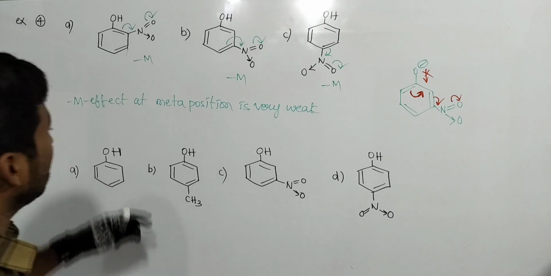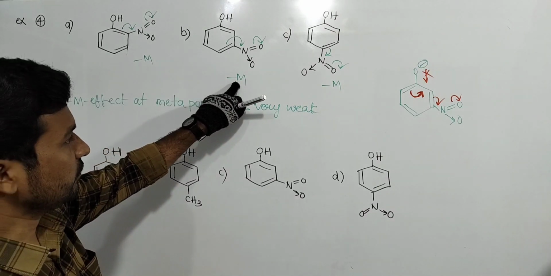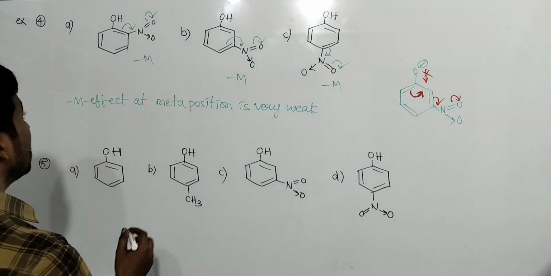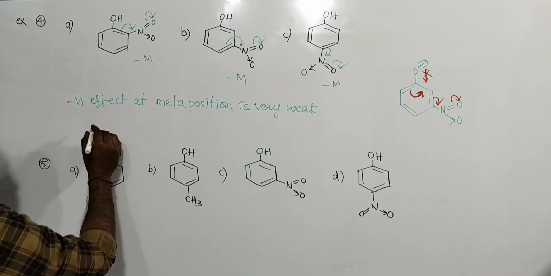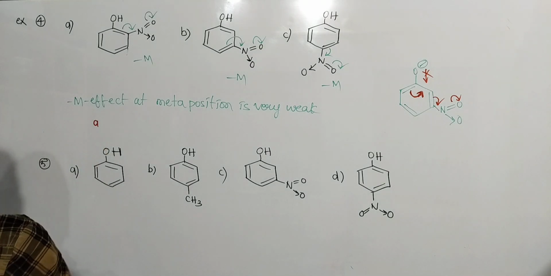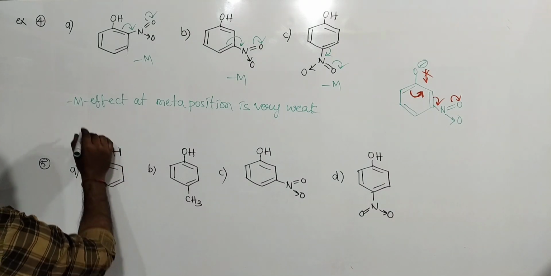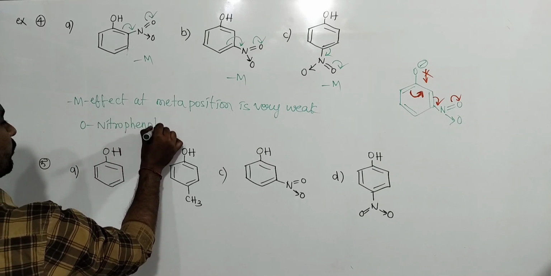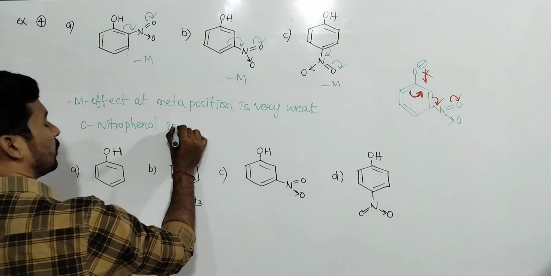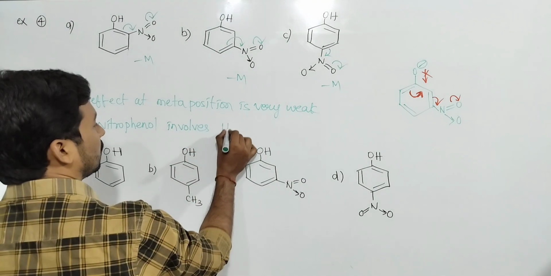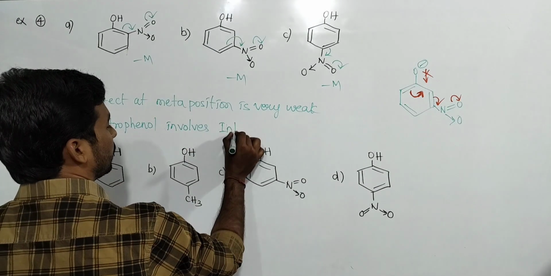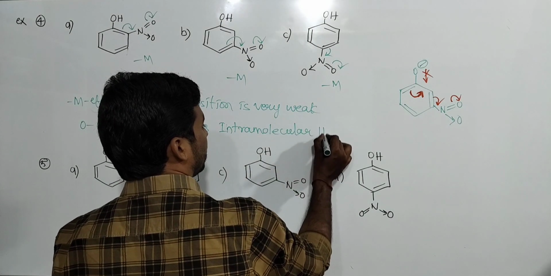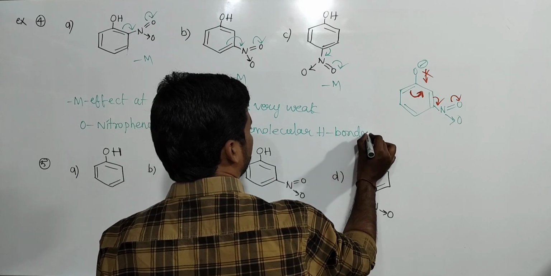So which one is more stable? Minus I effect better. Here at meta it is weak, minus I effect better. Between these two, orthonitrophenol involves intramolecular hydrogen bonding.